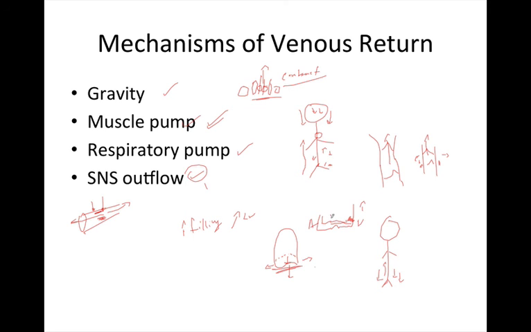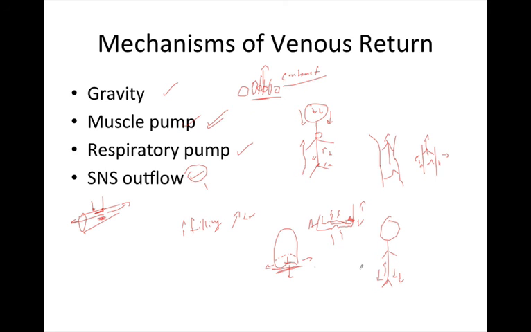All right, so basically that's going to cause some more fluid to leak out of your capillaries and into the tissue spaces of the lower parts of your body, and that's going to decrease your blood volume just a little bit.